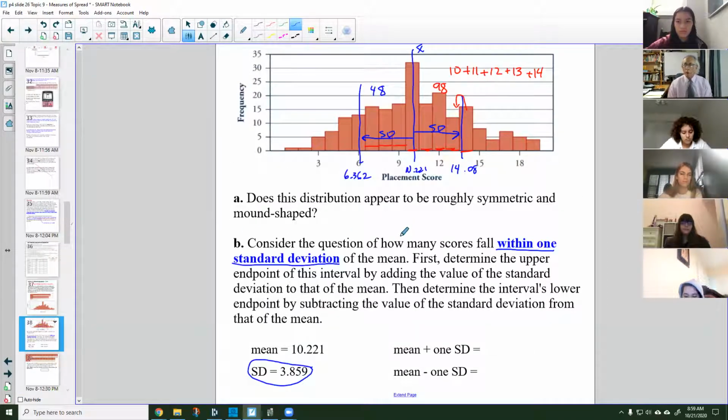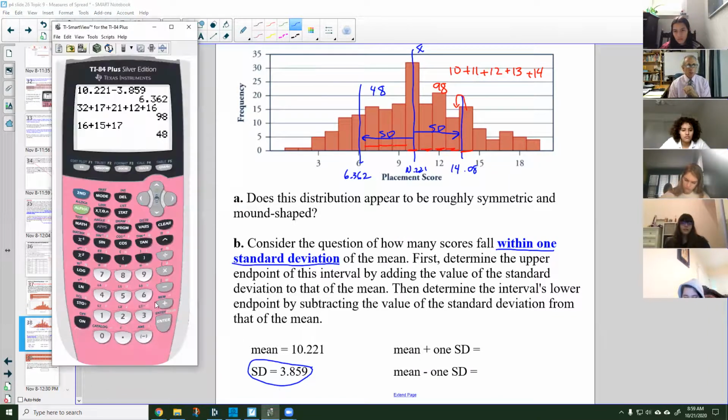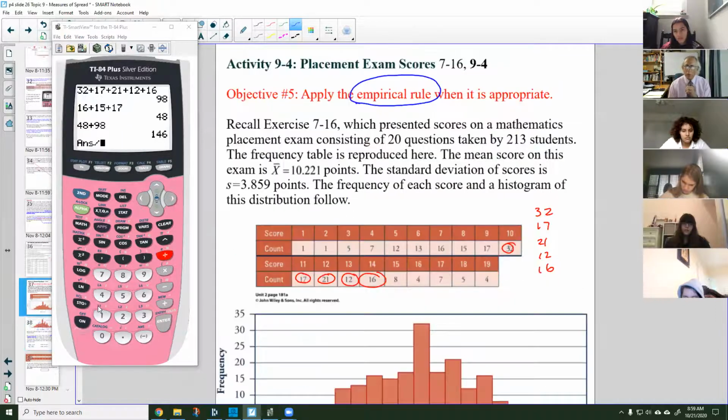So I want to know what proportion of the scores are within 1 standard deviation of the mean. So I'm going to take 48 plus 98. First I'm going to add them together, and then I'm going to divide that by the total of 213 students.